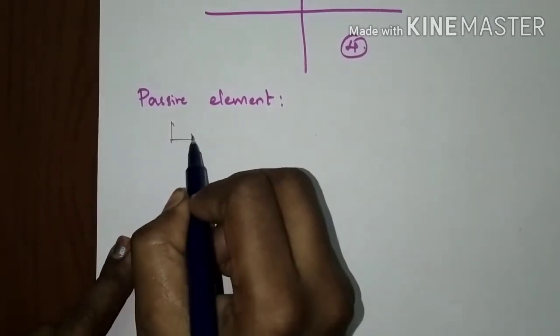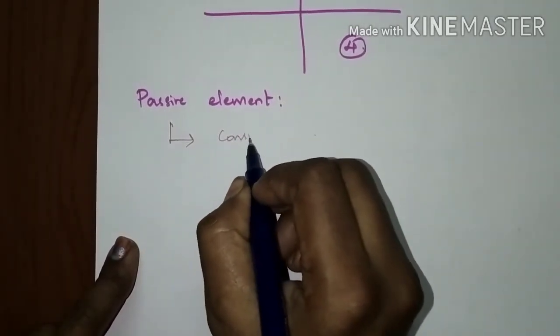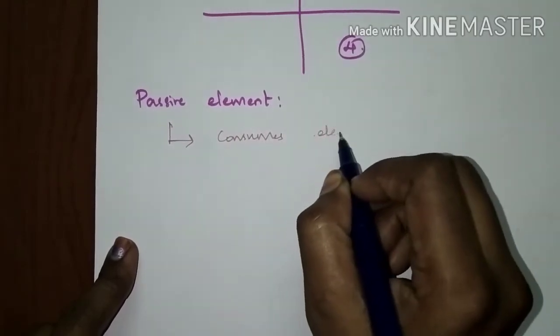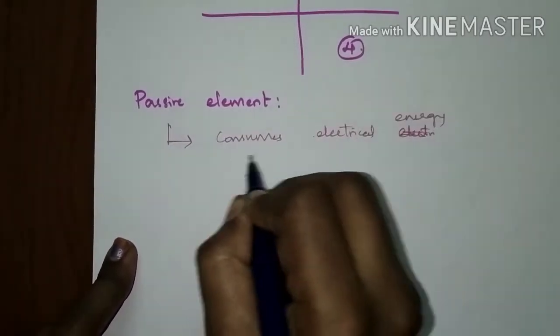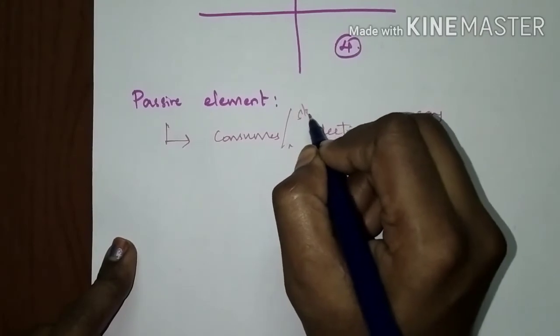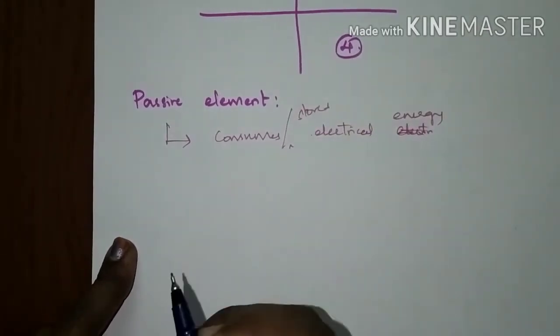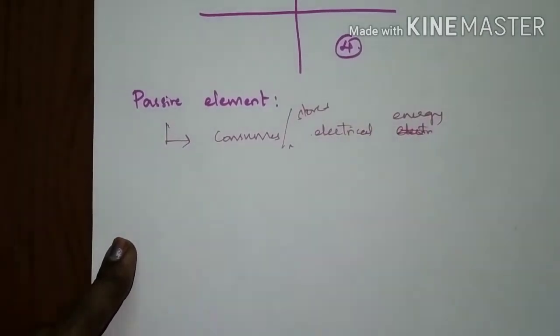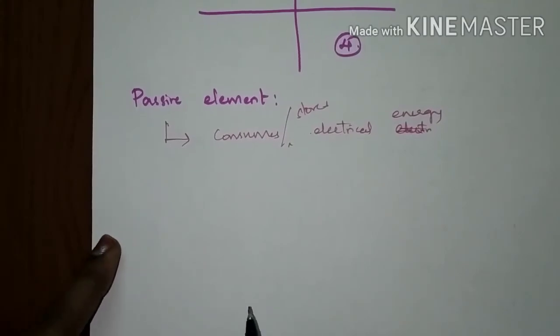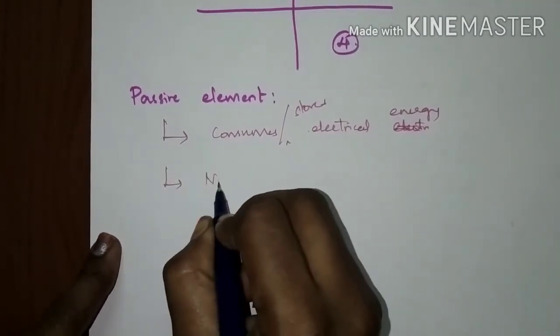Passive elements are the elements that consume electrical energy or store electrical energy. It is not capable of delivering power. It is not capable of delivering average power.